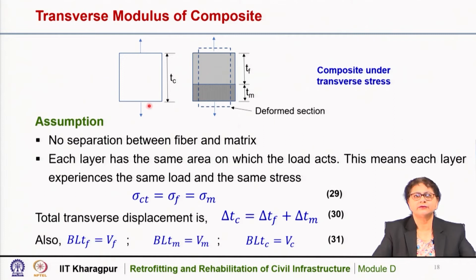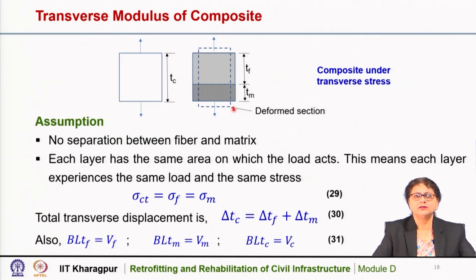The thickness of the composite is Tc, whereas it is idealized as two different phases, and the thickness of the fiber phase is Tf and the thickness of the matrix phase is Tm. Because of this transverse loading, there is deformation in the composite in the transverse direction, and this is the deformed shape of the composite under the loading.